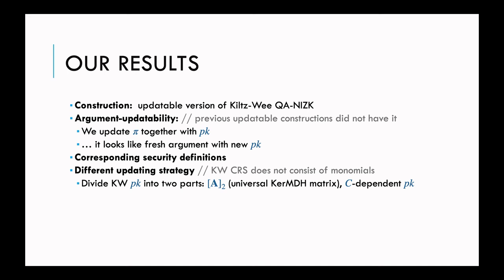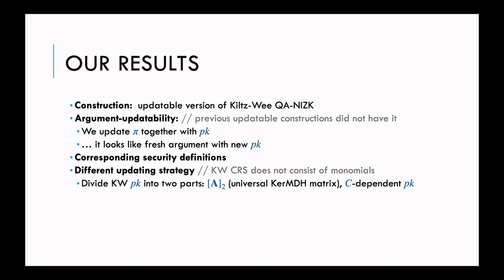I think this is an important difference, because in the case of updatable SNARKs you still have some dependency of the universal CRS, at least on the circuit size, and it is not so obvious that you can use the same updatable universal CRS in other applications. Here you can. You just have a matrix that is KerMDH secure, and you can reuse it everywhere.